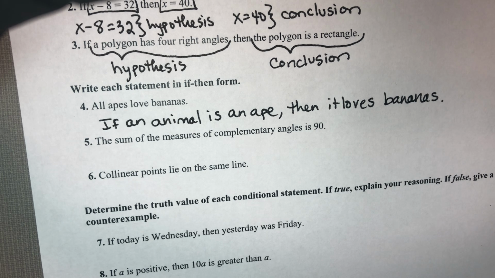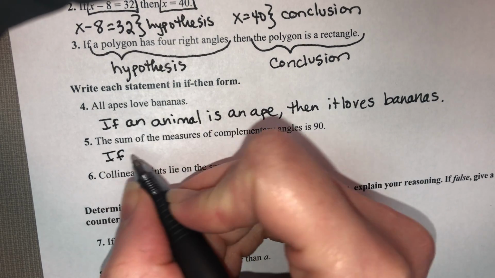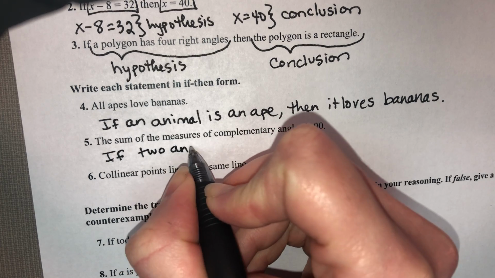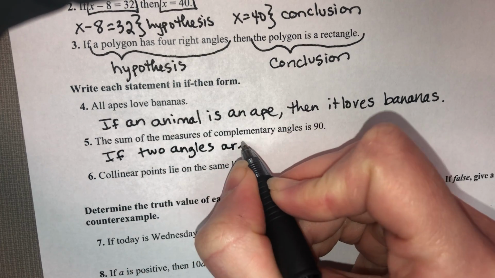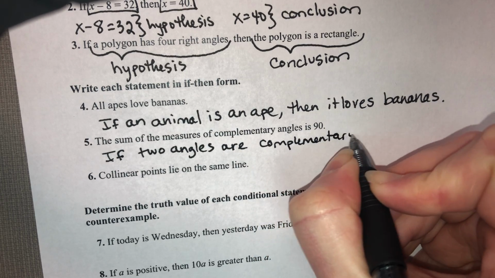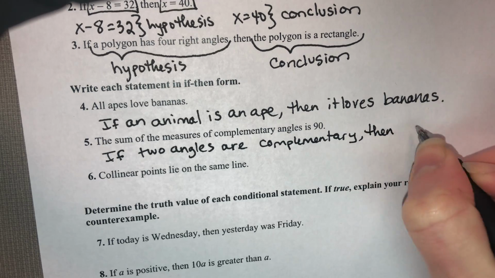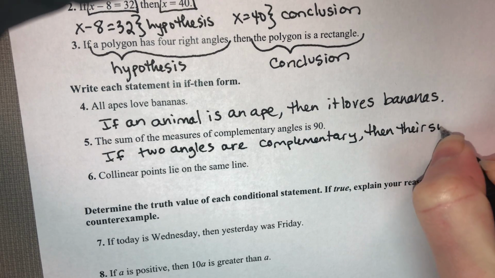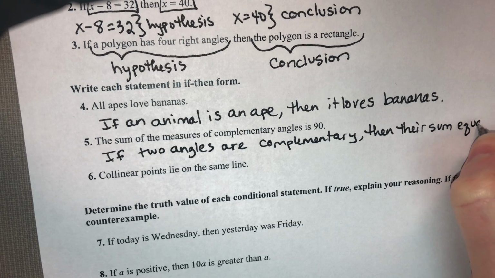All right, number 5. The sum of the measures of complementary angles is 90. So we need to add an if and a then. So if two angles are complementary, then their sum equals 90 degrees.